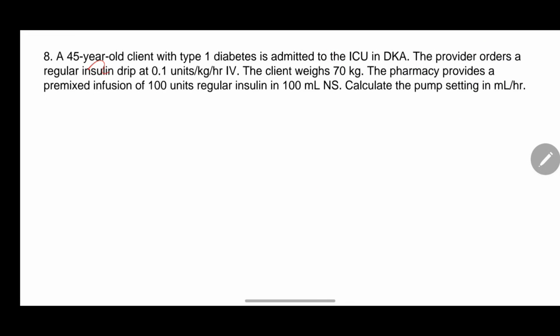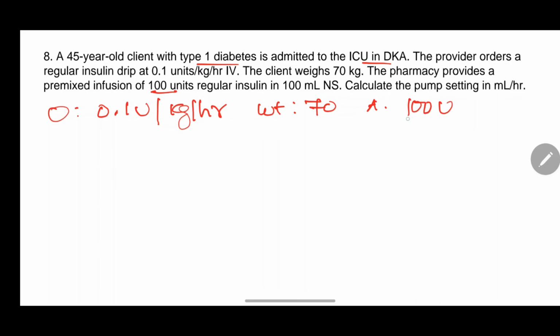Now the eighth question, a 45-year-old client with type 1 diabetes is admitted to ICU in DKA. A provider orders the regular insulin drip at 0.1 unit per kg per hour. Okay, so the client weight is 70 kg. The pharmacy provides pre-mixed infusion of 100 units regular insulin in 100 ml. So availability is 100 units per 100 ml. So for 1 ml it is 1 unit per ml they are providing.